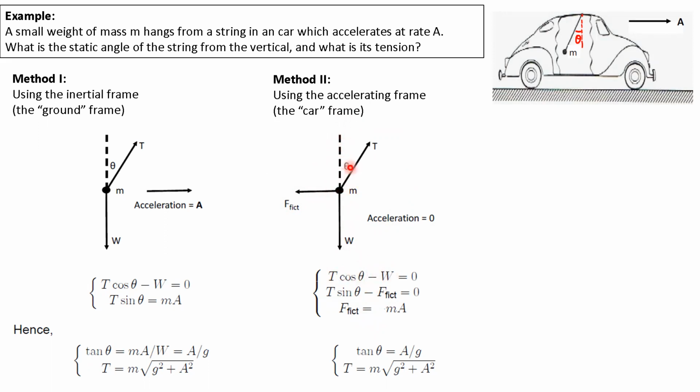Now the horizontal equation: instead of T sine theta equals m times the acceleration, now I have T sine theta equals the fictitious force. And in fact that fictitious force has magnitude just ma. So you can see that in this set of equations, I obtain the same result.